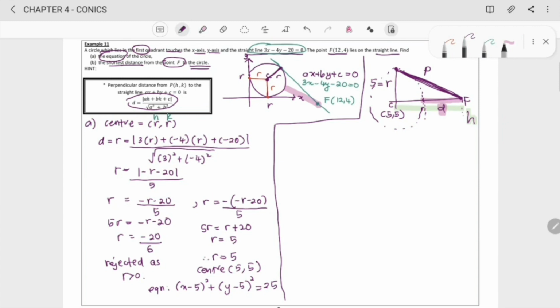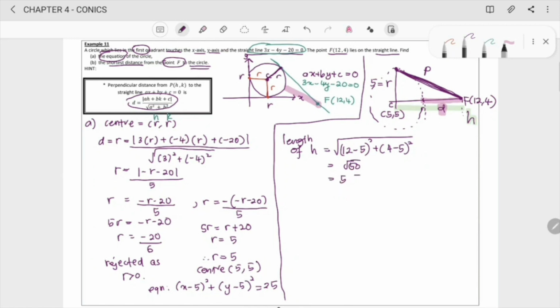So we have the coordinate of F, which is (12, 4). First we find the length of H, which is from F to the center. Using the x coordinates and the y coordinates, this is the length formula.